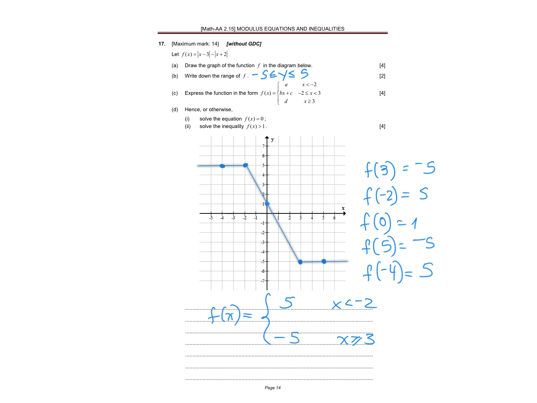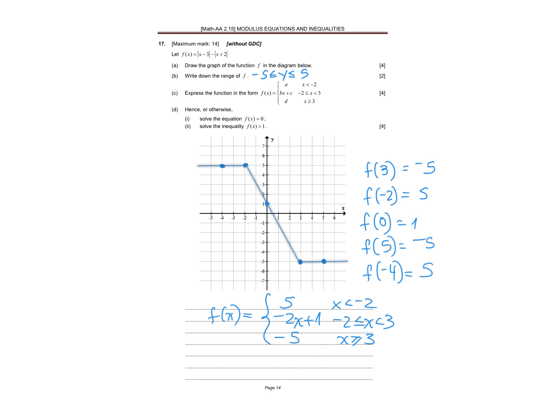And in between, we have gradient 2. Oops, sorry, -2. It's going down. You can do that from y2 minus y1 over x2 minus x1, or just counting. You're going down 2 over 1, down 2 over 1. So yeah, gradient's -2, and y-intercept's 1, and that's for in between -2 and 3.